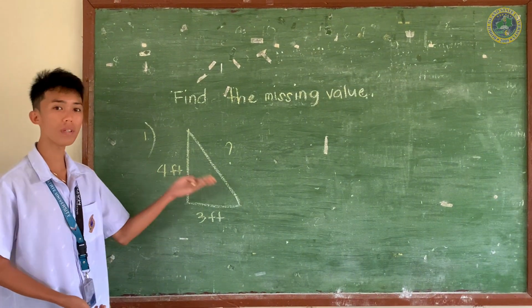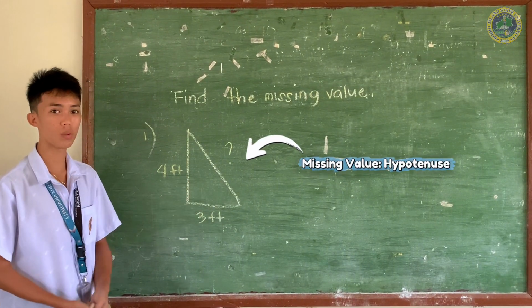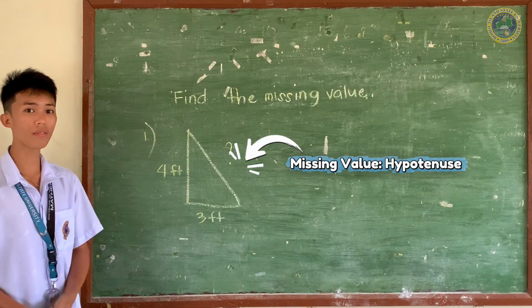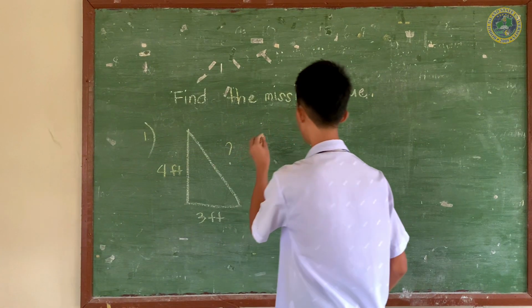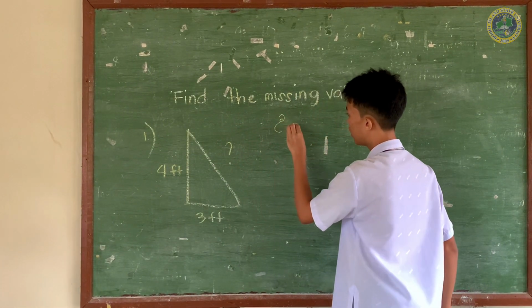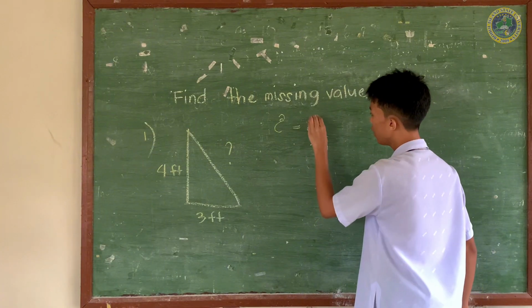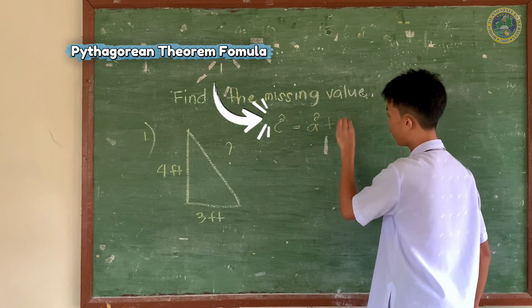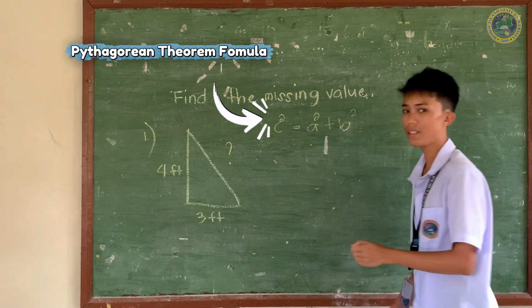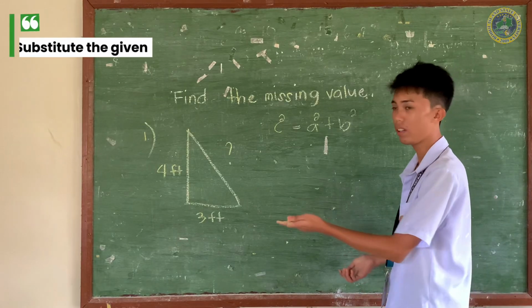where our missing value is the hypotenuse, which is the c. So given the formula, c squared is equal to a squared plus b squared. So let's substitute the given.